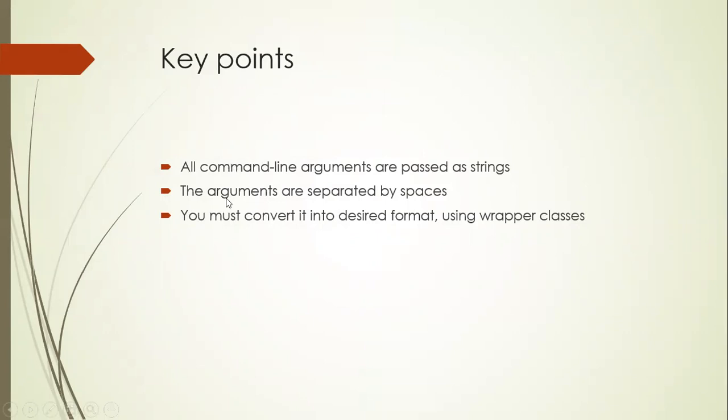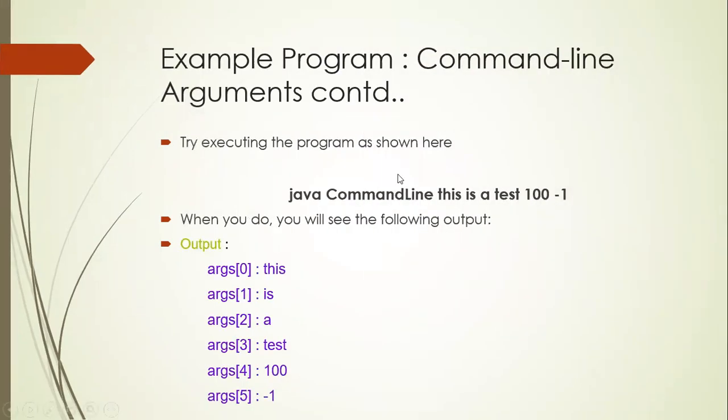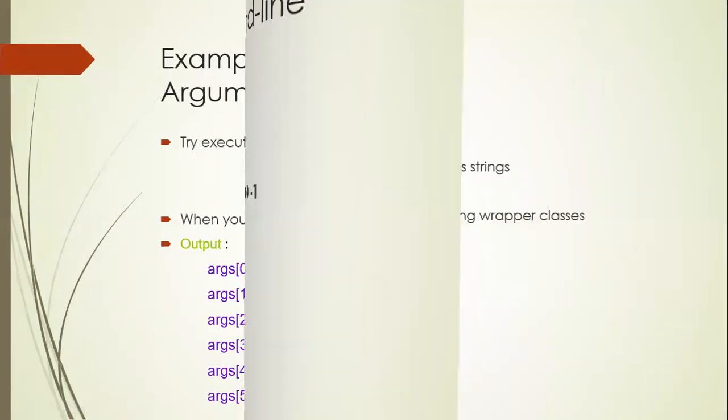But the key point you have to remember is all the command line arguments are passed as strings only. The arguments are separated by spaces. You can see in this previous program, we have passed 6 arguments. Every argument we have separated with a space. Here the delimiter is space.